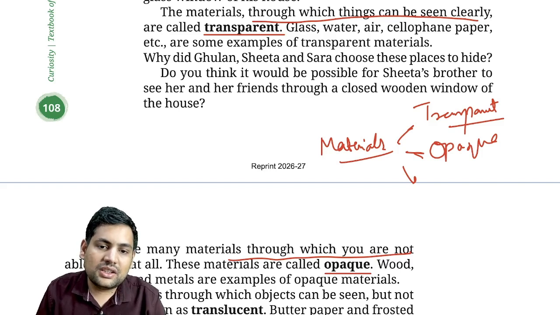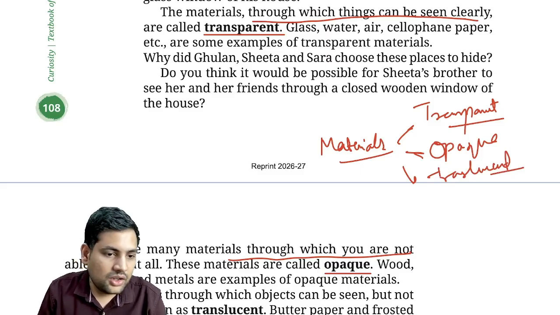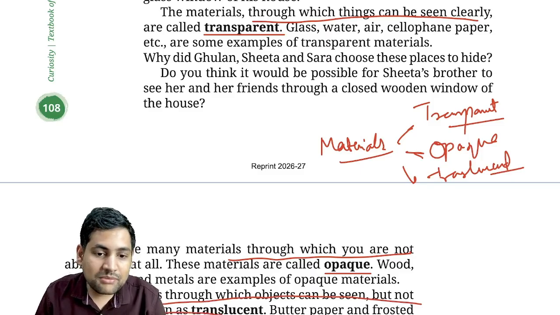Then the last is translucent. What is translucent? Translucent is where objects can be seen but not very clearly. So materials through which objects can be seen but not very clearly are known as translucent. Example, butter paper, frosted glass, correct?